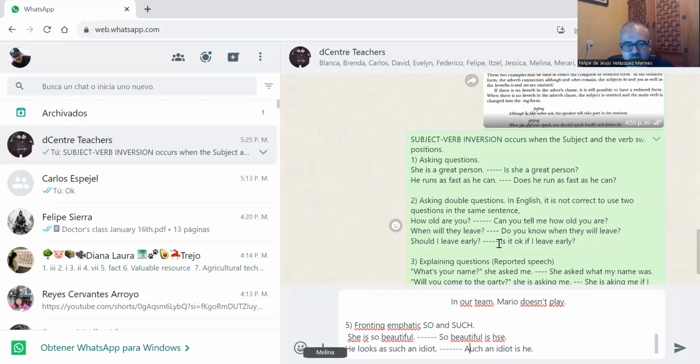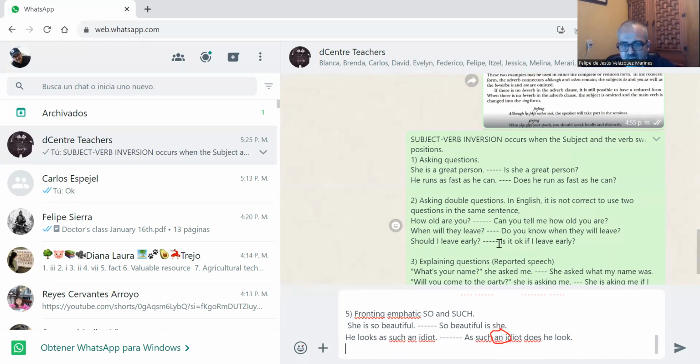So you can begin the sentence with as such an idiot does he look. Ay, teacher. Don't be so picky. Okay. Thank you, Medina. So with so and such at the beginning, you have to use subject verb inversion.